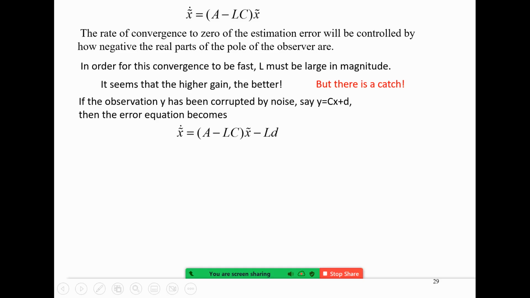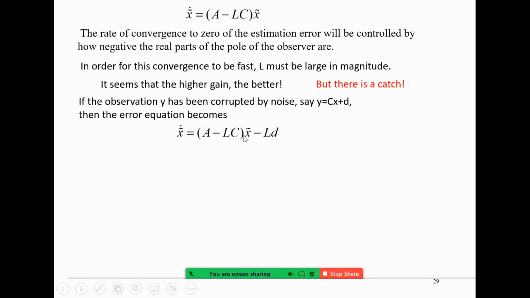Now you just look at this equation. You will realize there may be some issue when L is big. When L is big, this term, LD, will be big. Without D, of course, X2 will go to 0.